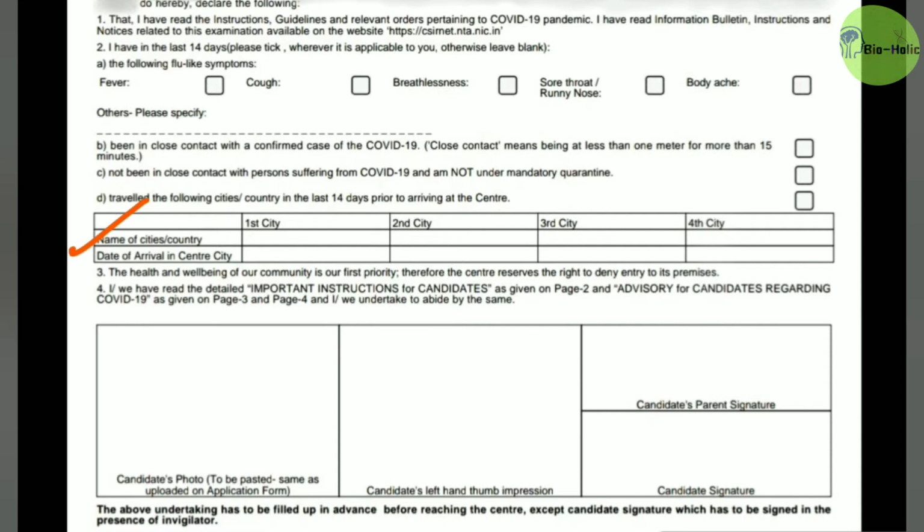Then the most important thing is in the next chart. You have to paste your photo which you uploaded while filling up the form, and do this before reaching the center. But you must sign in front of the invigilator, which you cannot do before reaching the center. Clear?